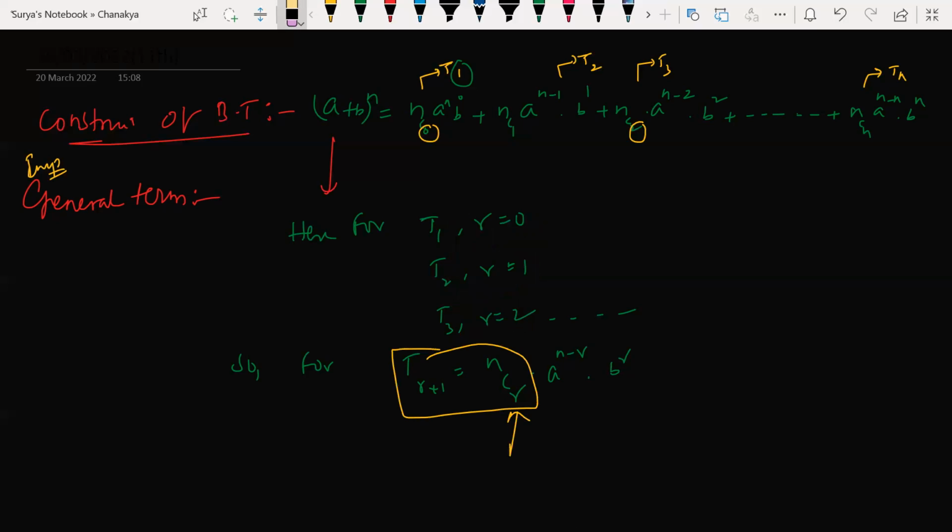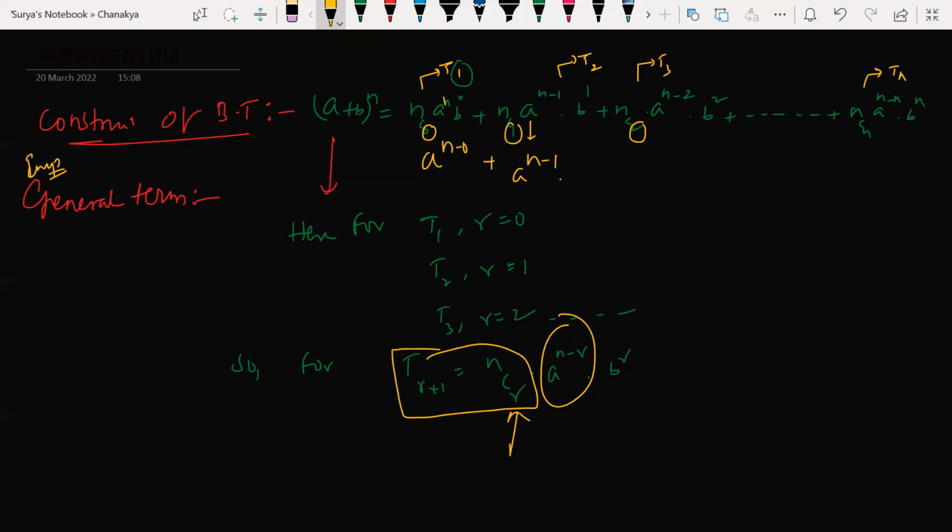Here r is 0, so a to the power of n minus 0. I'm talking about the a part. Now look at a here: n minus, what is r here? 1. So n minus 1. So that's what I wrote for a to the power of n minus r.